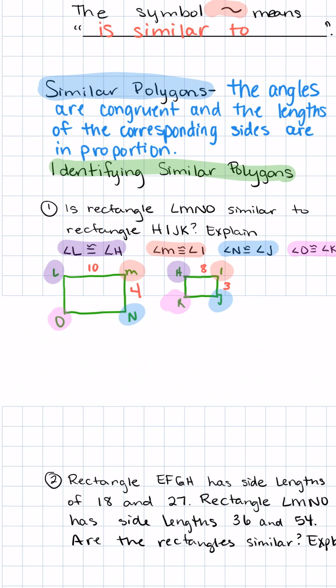So we look at MN is equal to IJ, and LM is equal to HI, this is our proportion, okay?